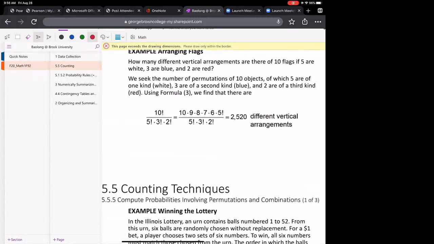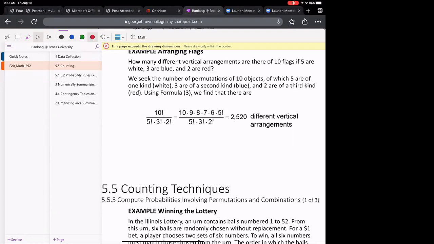Let's look at this example. How many different vertical arrangements are there of 10 flags if 5 are white, 3 are blue, and 2 are red? This question is a permutation problem. 5 are of one kind, white, 3 are of a second kind, blue, and 2 are of a third kind, red.